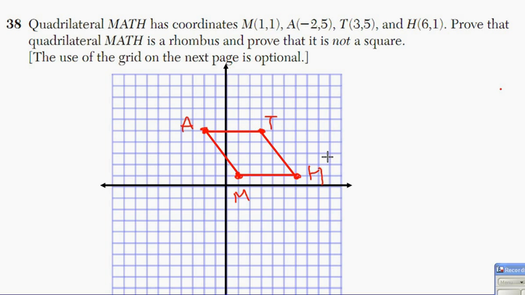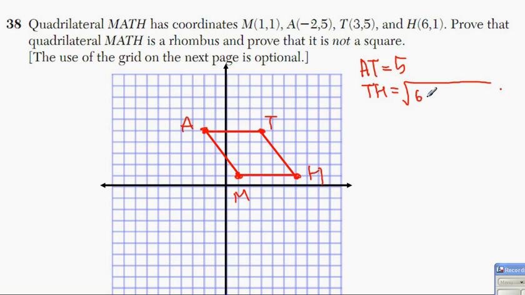All right, so how are we going to prove that this is a rhombus? We just have to show that all sides are equal to each other. That's one easy way of doing it. So let's see. What are the distances? AT you can just count to 5. So we know that AT is equal to 5. And then how about TH? TH we have to use the Pythagorean theorem. So we have 4 and then 3. So it's the distance formula.